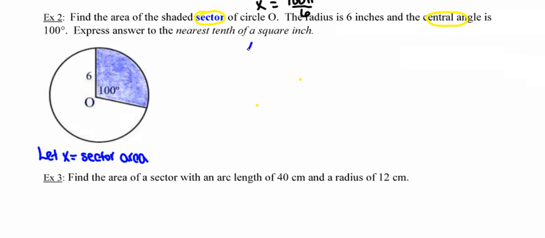So I've got x, my sector area, or my part, over the whole area. So I need to find the area of a circle whose radius is 6. So again, I'm going to use that formula from middle school. And if the radius is 6, the area of the whole circle is 36 pi square inches.